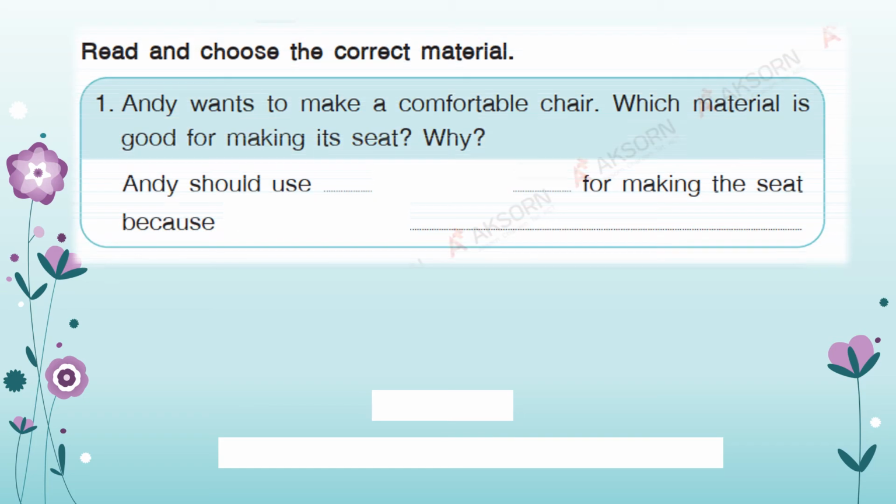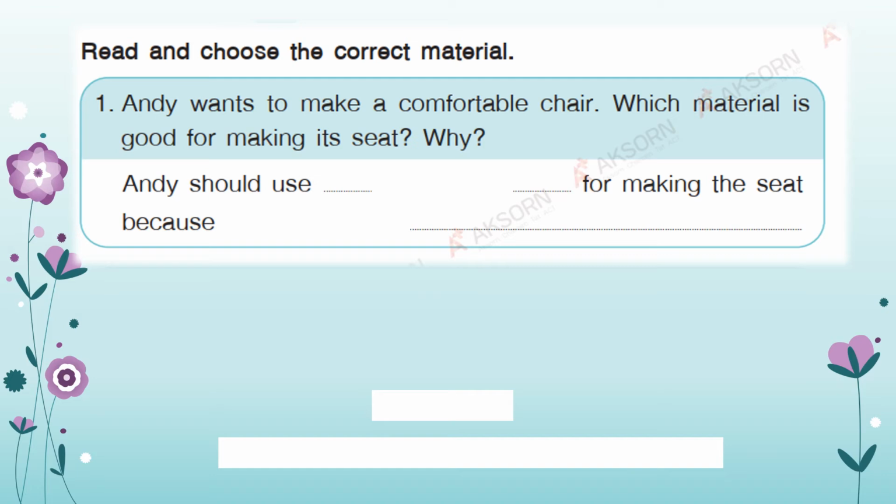Okay, everyone, are you ready to answer your book? Yes, very good. So let's start. Please open your book on page 109. The instruction there: read and choose the correct materials. Number 1, Andy wants to make a comfortable chair. Which material is good for making its seat and why?